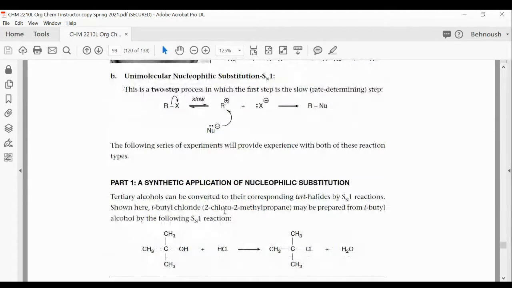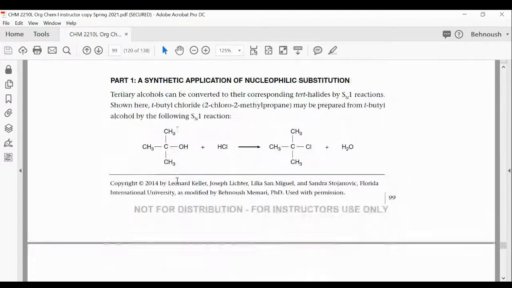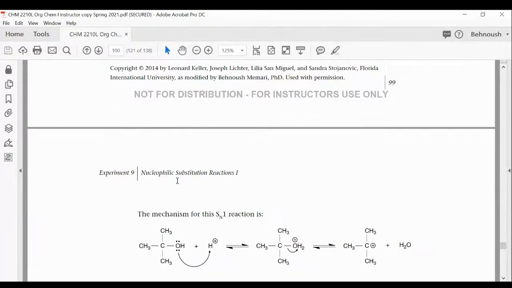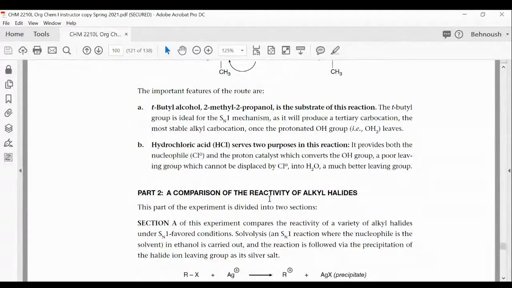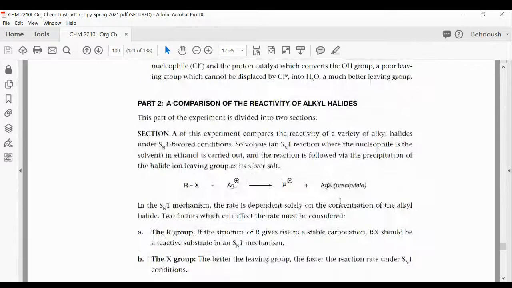The second part of this experiment, in part 2, we are going to compare to see how the structure of the alkyl halide is going to affect the substitution reaction, the reactivity of alkyl halides. Now, if the reaction is an SN1 reaction, a carbocation has to form first. Fact to know: if the intermediate, which in this case is the carbocation, is more stable, then it's going to form faster.